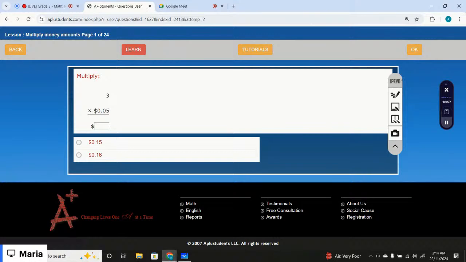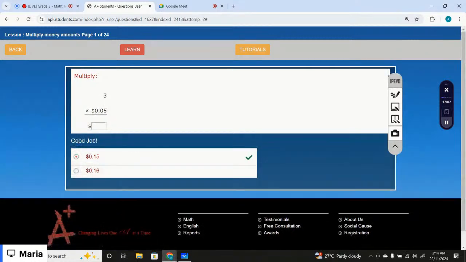That is 0.15 because 3 times 5 makes 15. So there must have two decimal places, so that is 0.15. Option number 1 is the correct option.